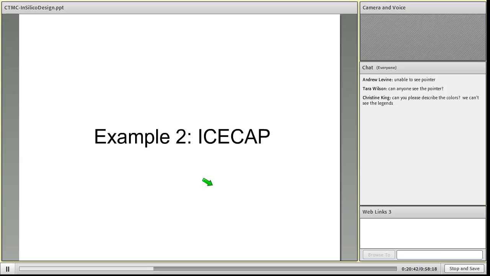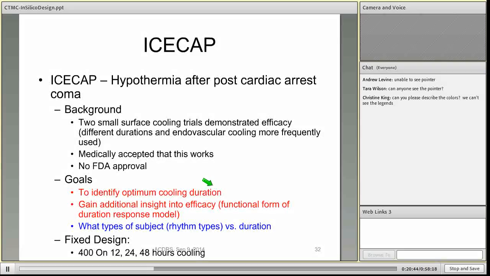Here is an example of the ICECAP trial. This is a trial for the treatment of post-cardiac arrest. An individual suffers cardiac arrest, is revived in the field, brought into the hospital, and the thought is, and you probably all know the medical aspects much better than me, but as a statistician, I'll fight through it here, that a lot of negative things happen through the stopping of blood to the brain.